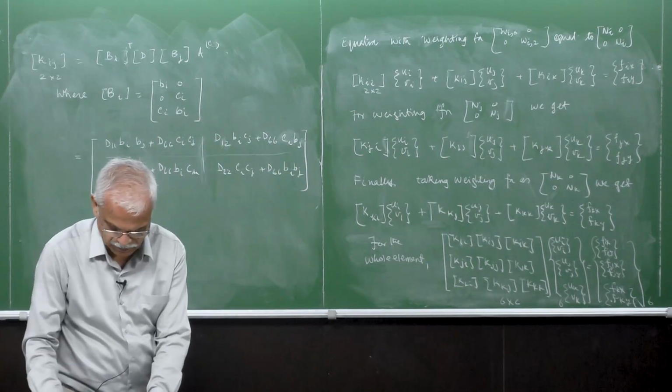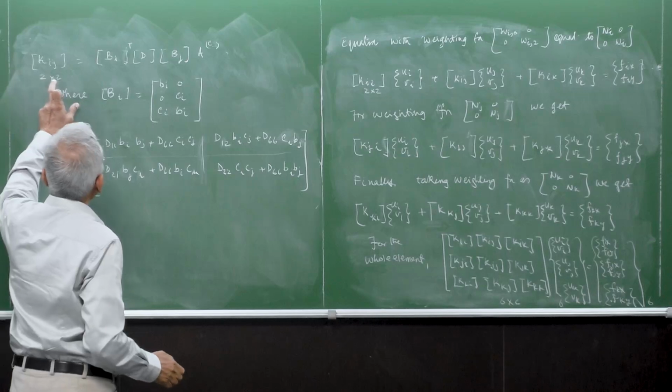All right. So this is a 2 by 2 matrix of Kij.